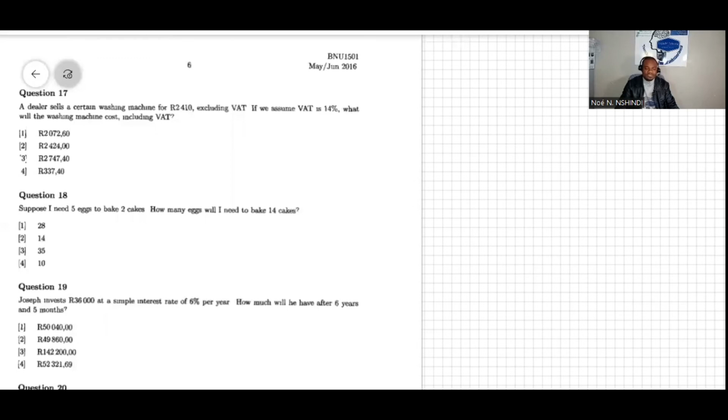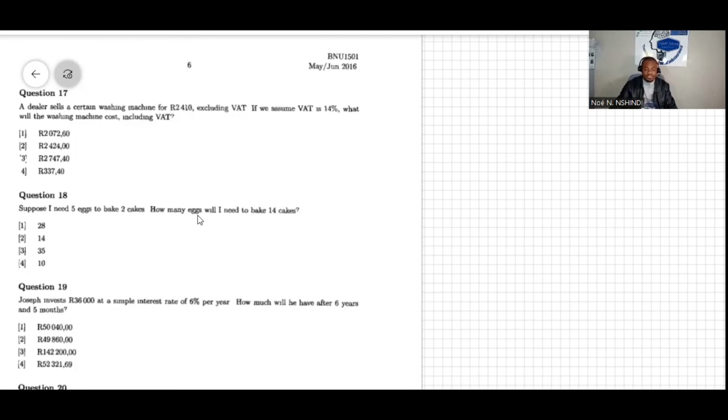The question says that a dealer sells a certain washing machine for 2,410 rand, excluding VAT. If we assume VAT is 14%, what will the washing machine cost, including VAT?